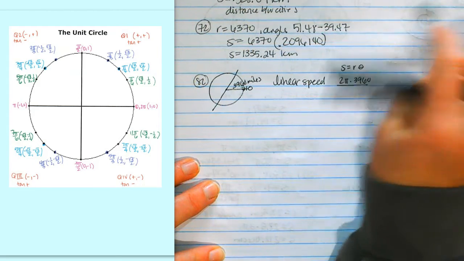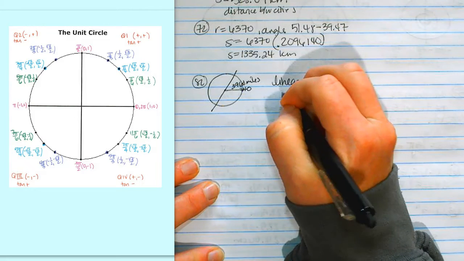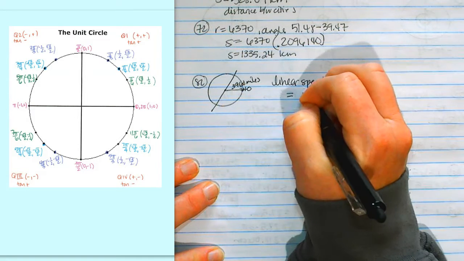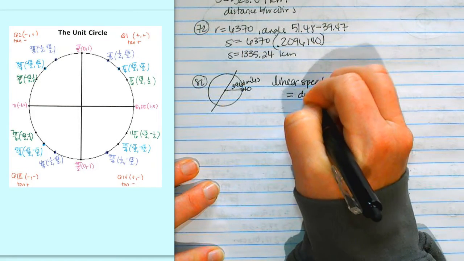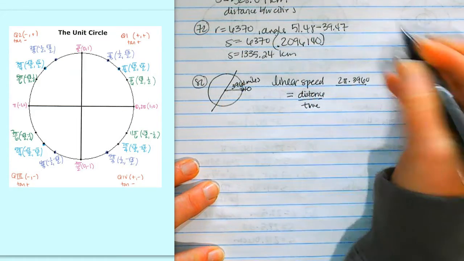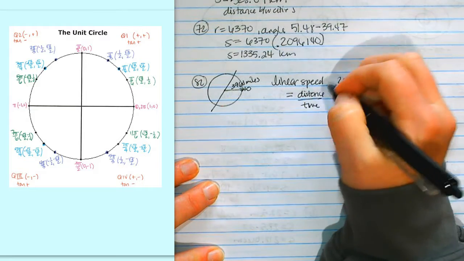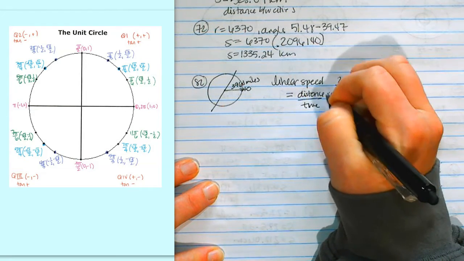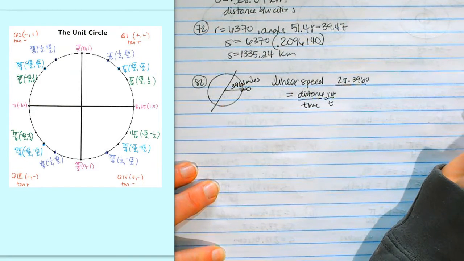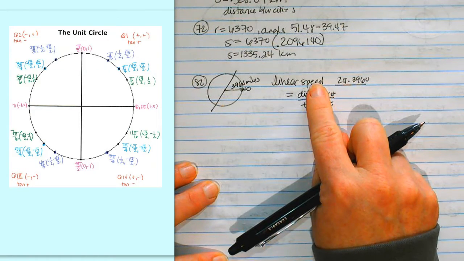Let me rewrite this: the linear speed is equal to the distance they traveled over time. And the distance they traveled is s, or r theta, and then we put time. So there's my tiny little equation there, r theta over time. Distance over time, that's what speed is, right?